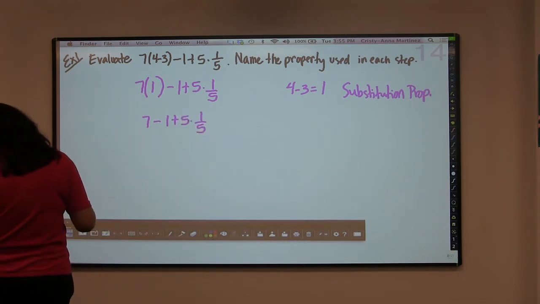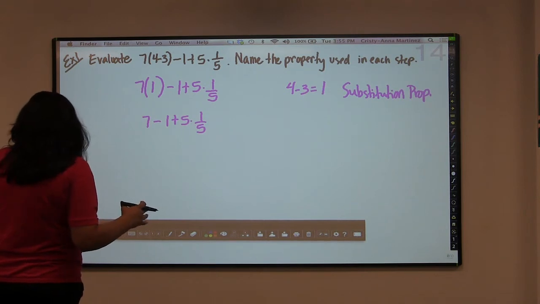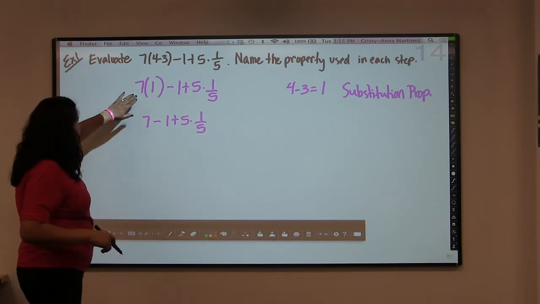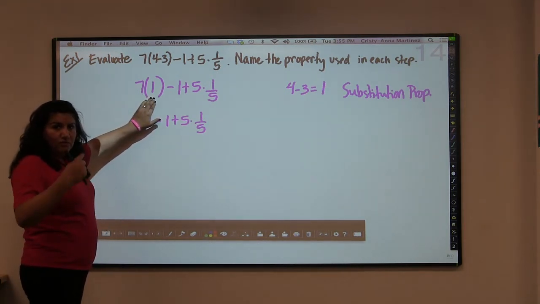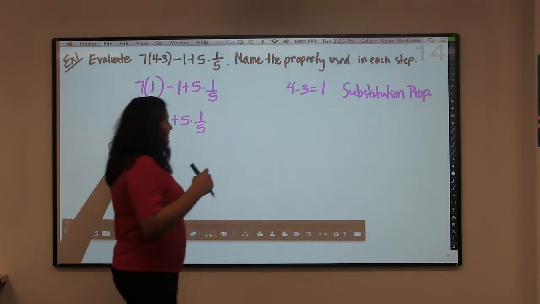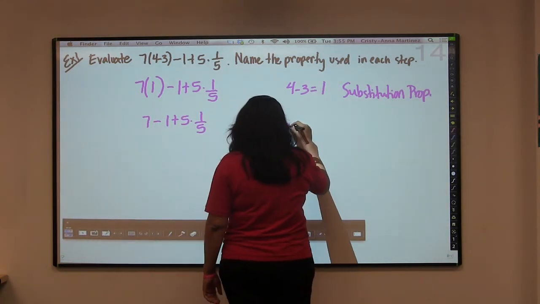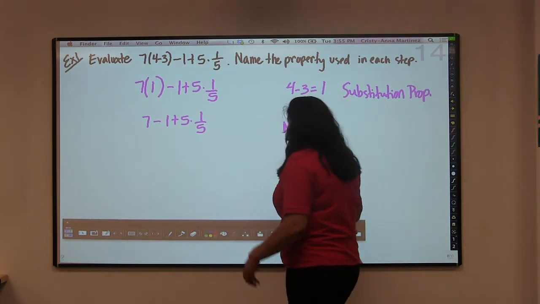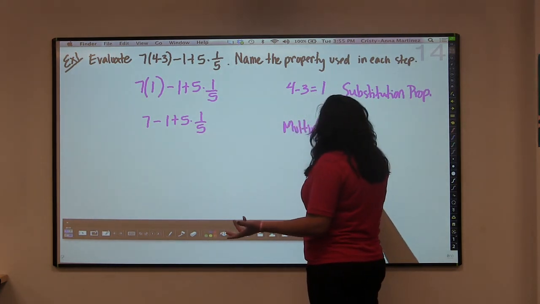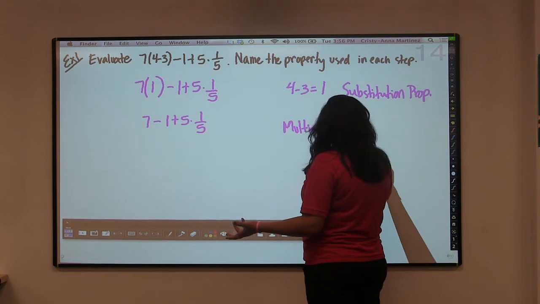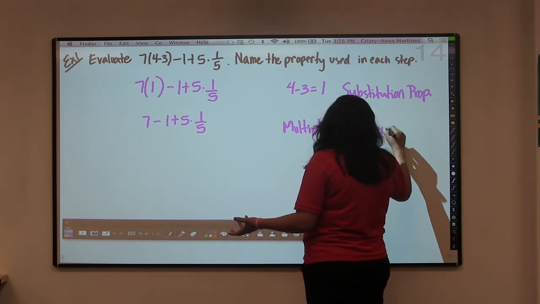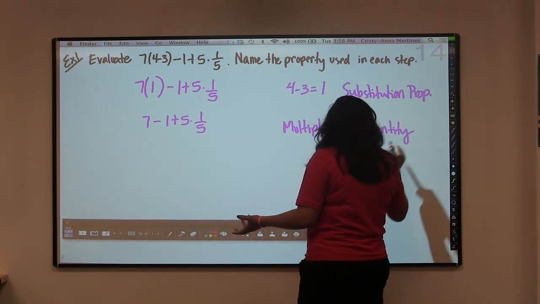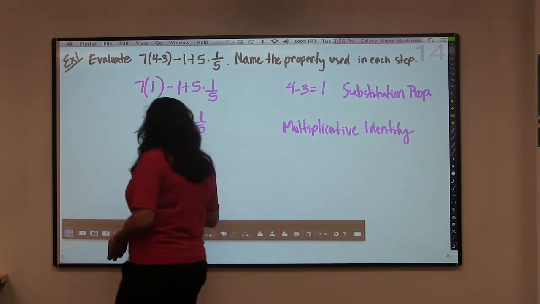The reason for that step is we have a number times 1, and if you recall from earlier, 1 is the multiplicative identity, which says that if you multiply any number by 1, you get the number back. Multiplicative identity. So that is our property for the second step.